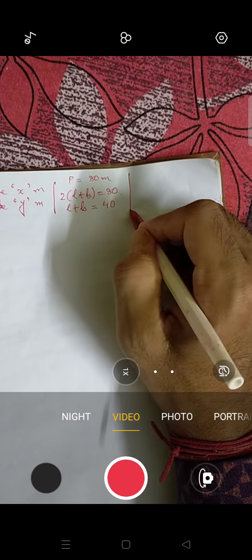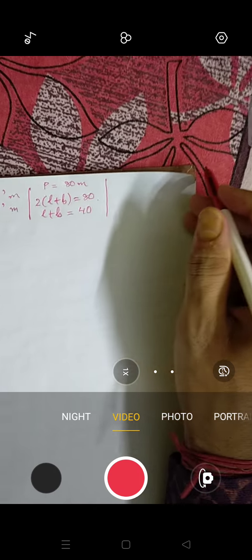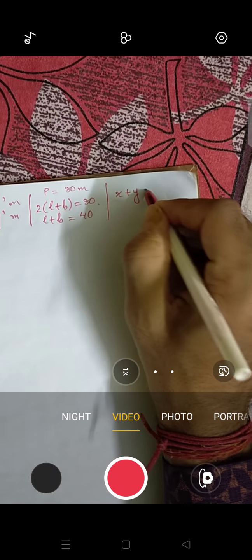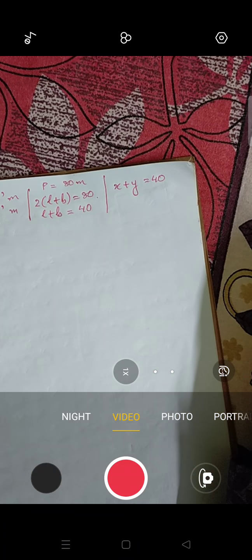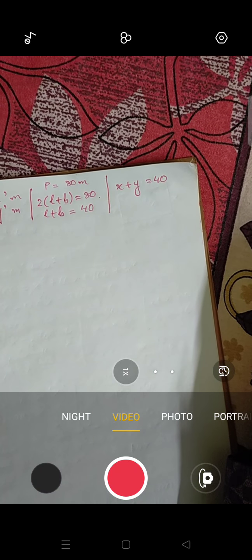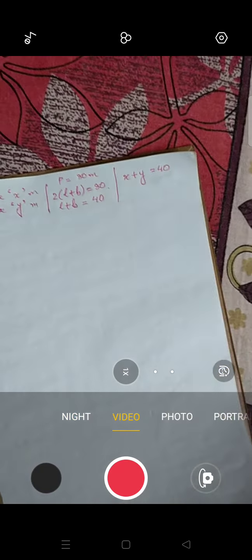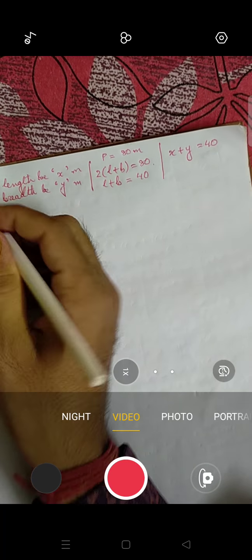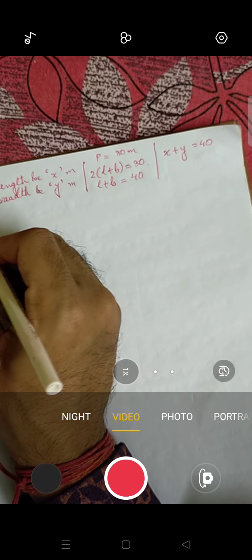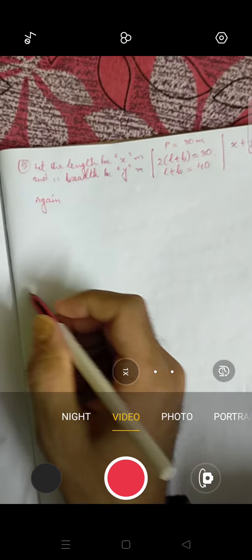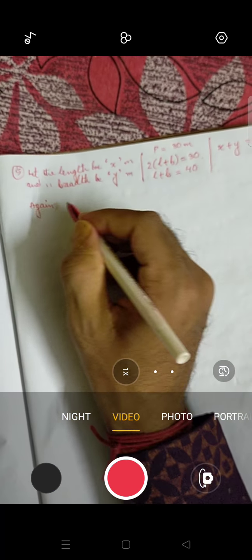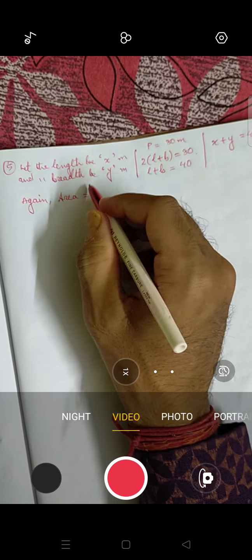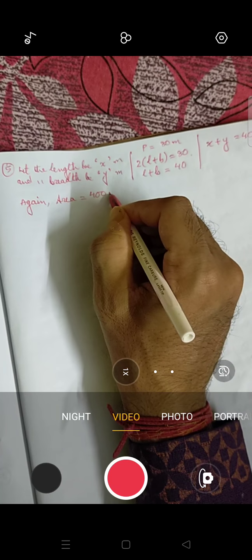Now next step, what is L? So can I say that x plus y equals 40? Okay, so we got this one. Now another one, it is given that area is 400. Area of a rectangle equals 400 meter square.